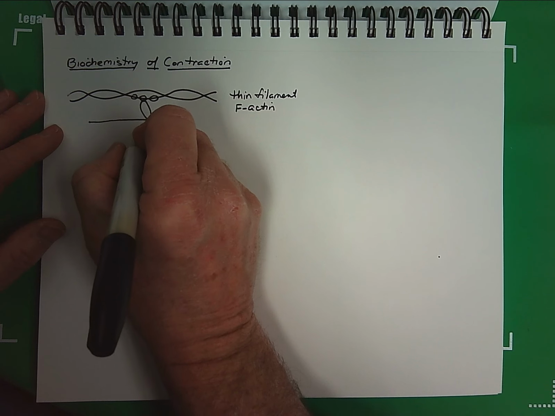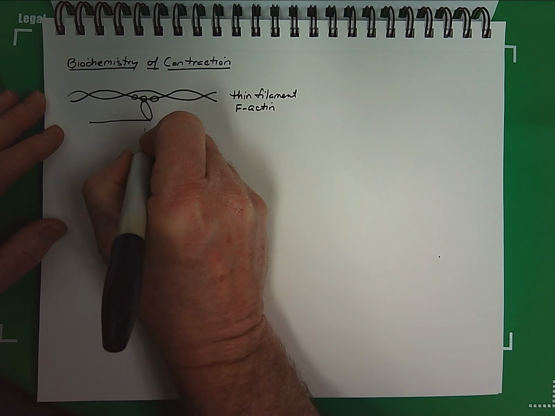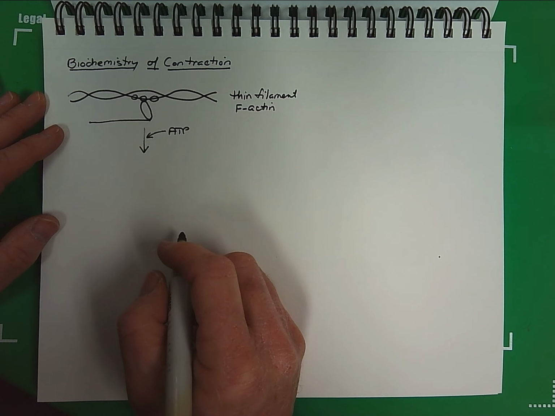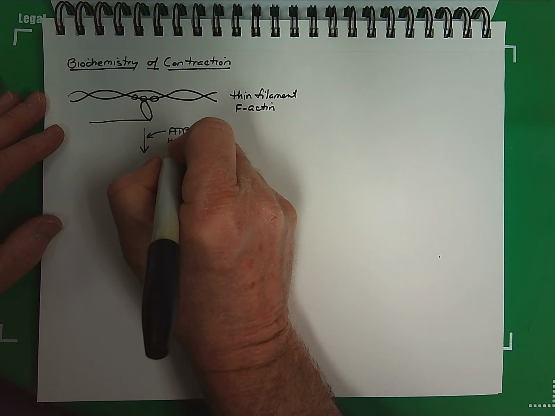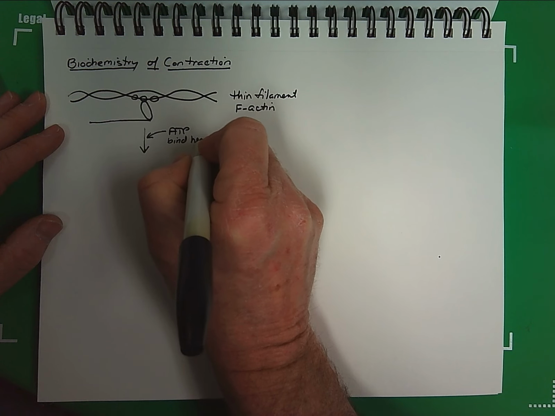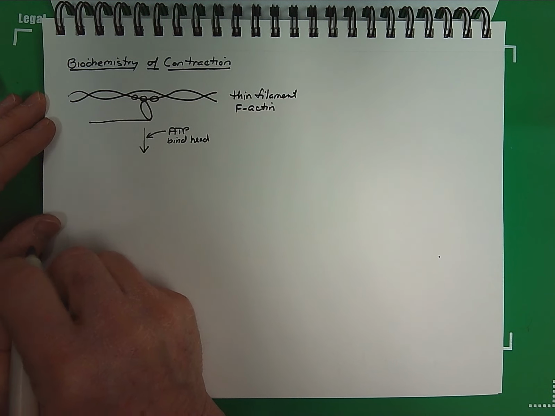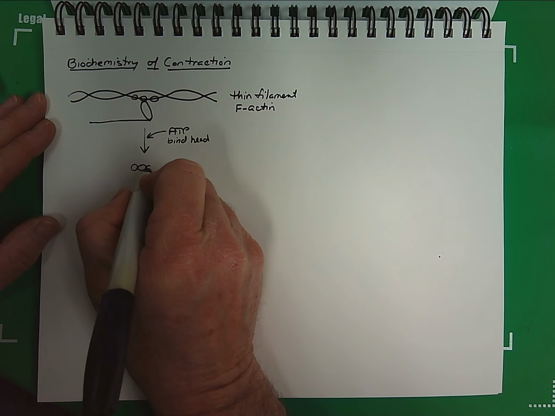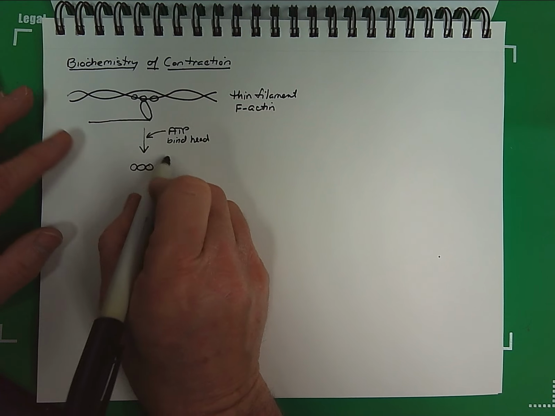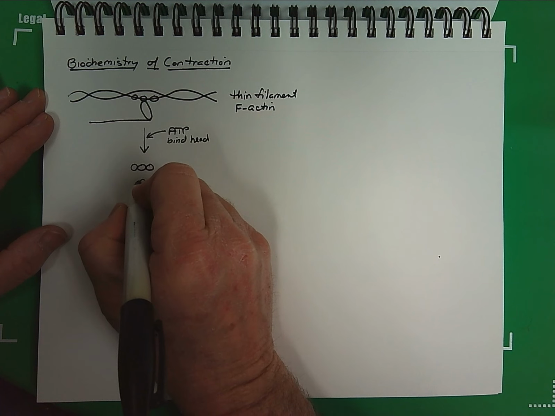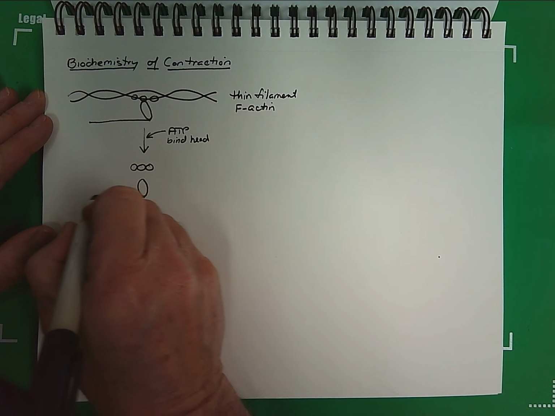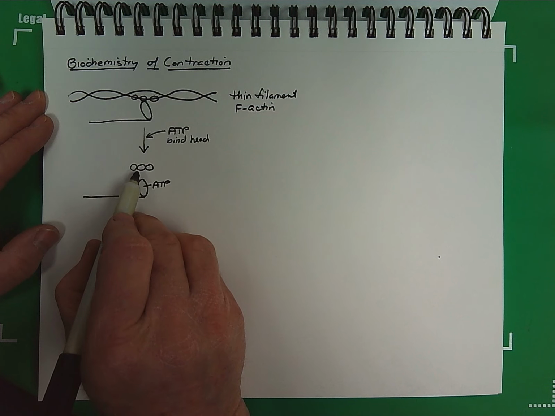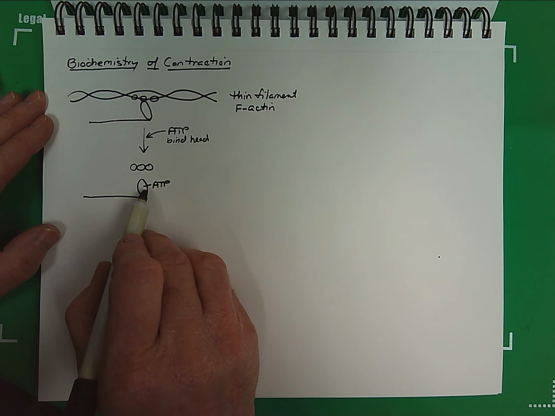So how does this occur? First thing we need to do is introduce ATP. ATP will bind the myosin head group. And what we will have in this position, I'll just draw the 3 actin filaments that continue on the filament. We will have now the head group dissociated from the actin monomer after it binds ATP.